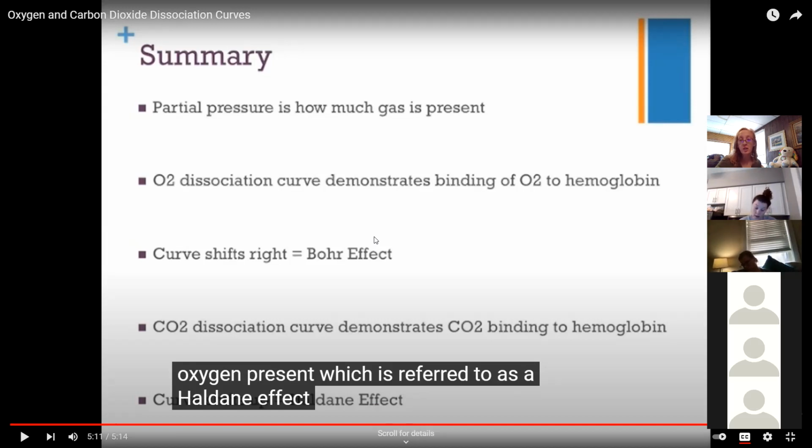Write that one down, because it means everything. Let me say it one more time. When carbon dioxide levels are high, oxygen is going to be easily released from the hemoglobin, or be released quicker.